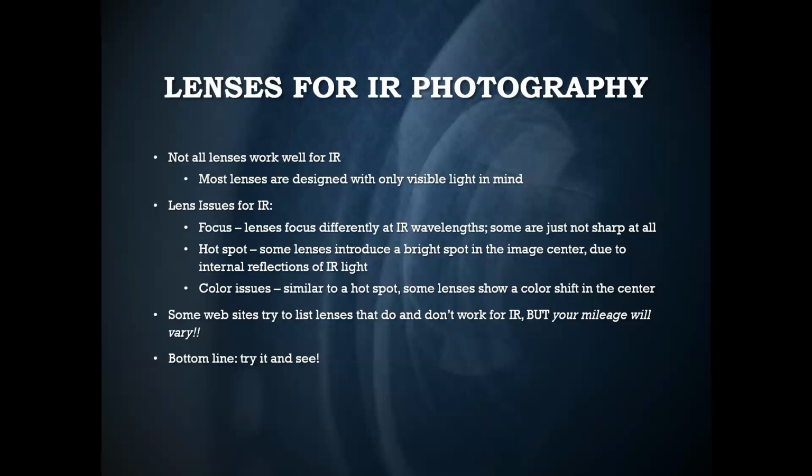And that's because the refraction index of glass is actually a function of the wavelength of the light that's passing through it. That's why you get chromatic aberration, for example, in lenses, where you'll see little color fringes around the edges of objects near the edge of your frame in your image. That's because the refraction index of ordinary glass varies a little bit depending on wavelength.